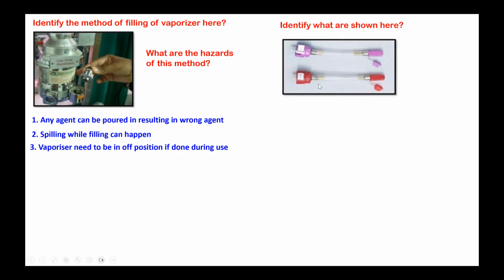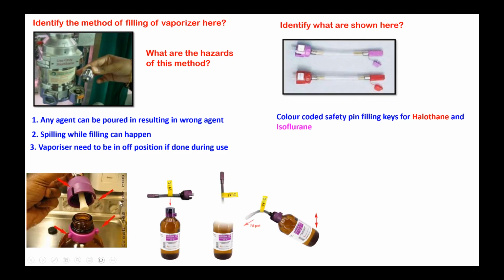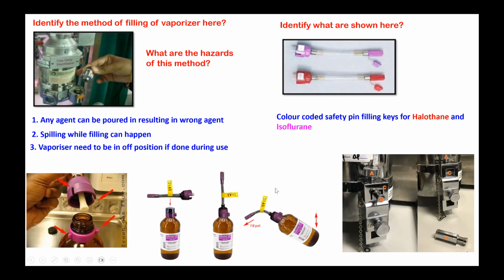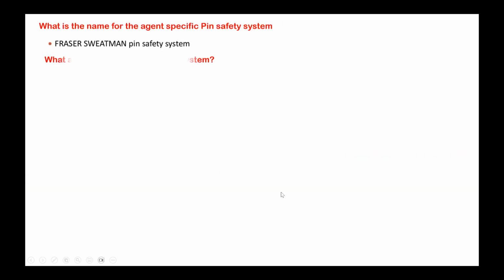This is the key filling, color coded pin for key filling for halothane and isoflurane. This is the cap, especially the cap for filling for isoflurane. And the name of the agent for pin safety is called the Fraser-Sweatman pin safety, which I showed you in the earlier slide.